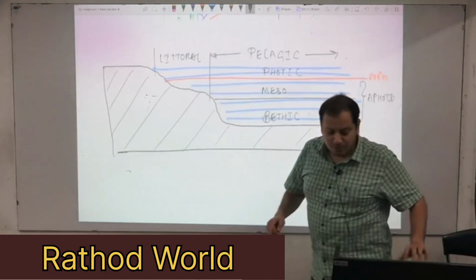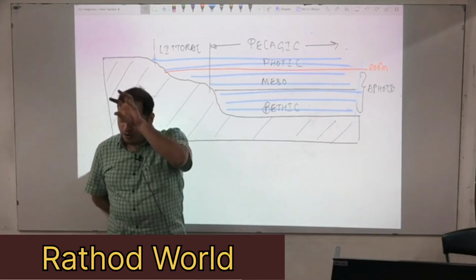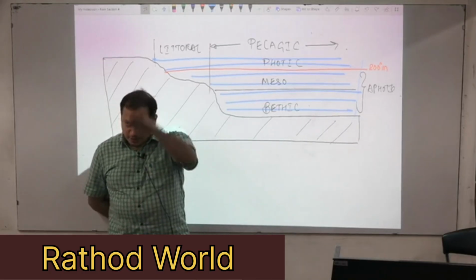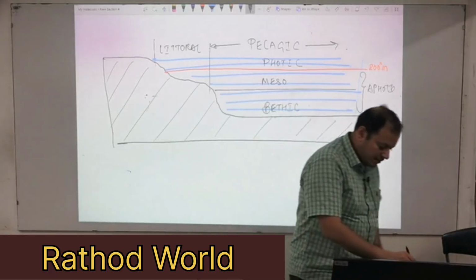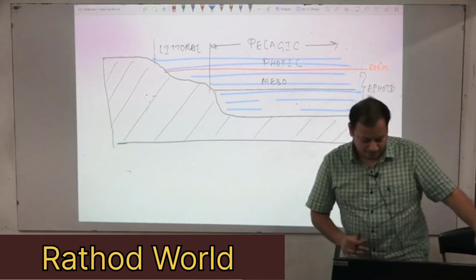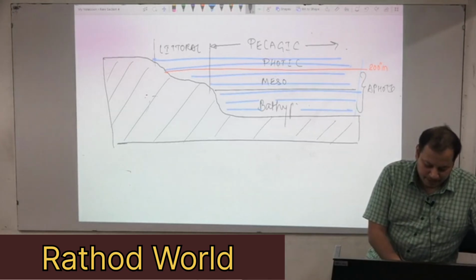Depending upon the questions, if the question comes on the biomes of the oceans or the layers of the ocean below the sea water, आप यह नहीं लिखोगे benthic, you will write bathypelagic.